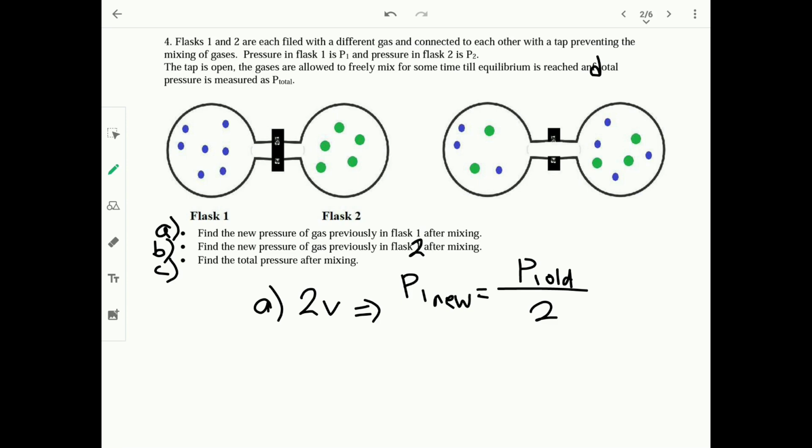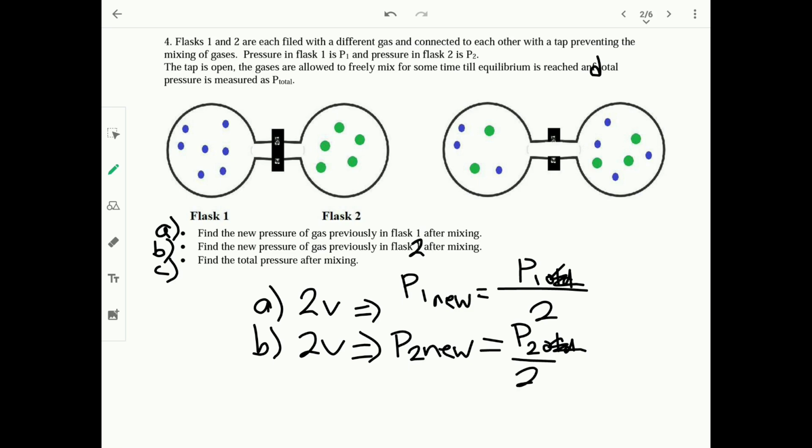Because you've doubled the volume, so you have to halve the pressure. Same goes for part B, you're doubling the volume. So P2 new, pressure in flask 2 new, is equal to P2 old over 2. And C is easy, find the total pressure.